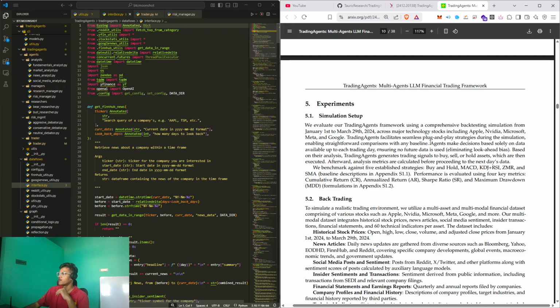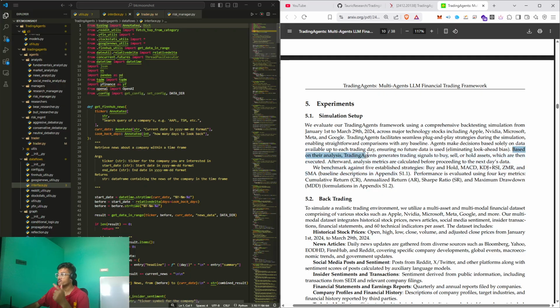Okay, agents make decisions based solely on data available up to each trading day, ensuring no future data is used. Okay, eliminating look-ahead bias and all this stuff.